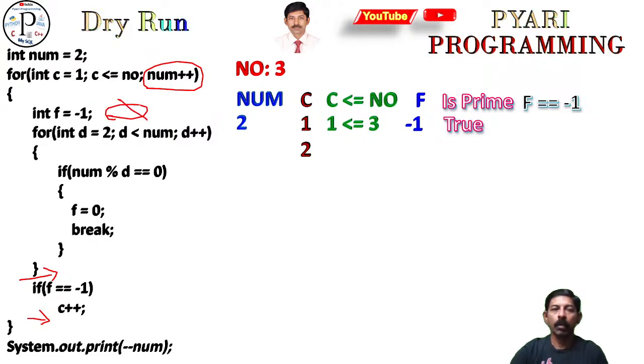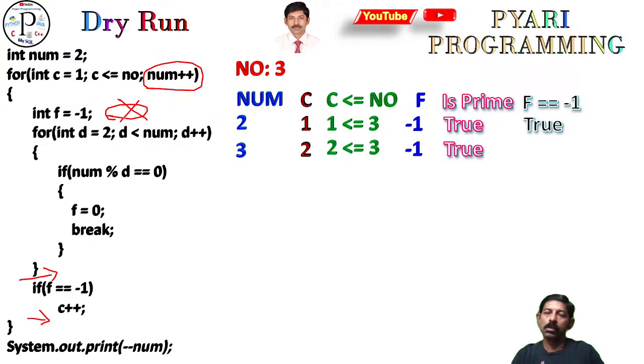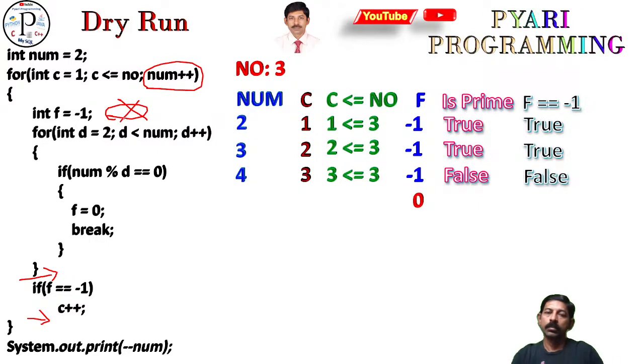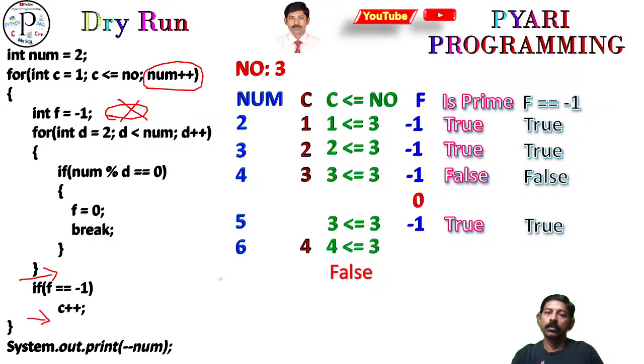Here I cannot do num plus plus. This is your third prime number. We got the result 5. This is your third prime number asked by the user.